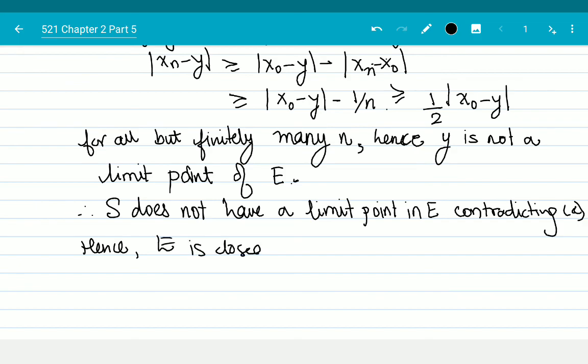That is sufficient because we have already shown bounded. We just showed closed. Therefore, E is both closed and bounded.